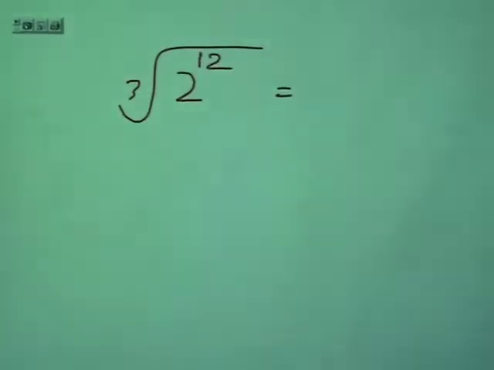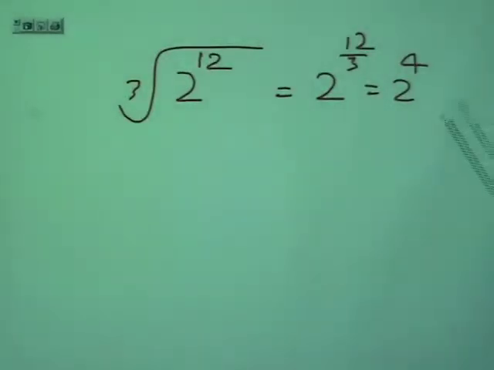Or I can say cube root of 2 to the power of 12. Can you tell me what that is? Cube root of 2 to the power of 12 is 2 to the power of 12 divided by 3. That is 2 to the power of 4.